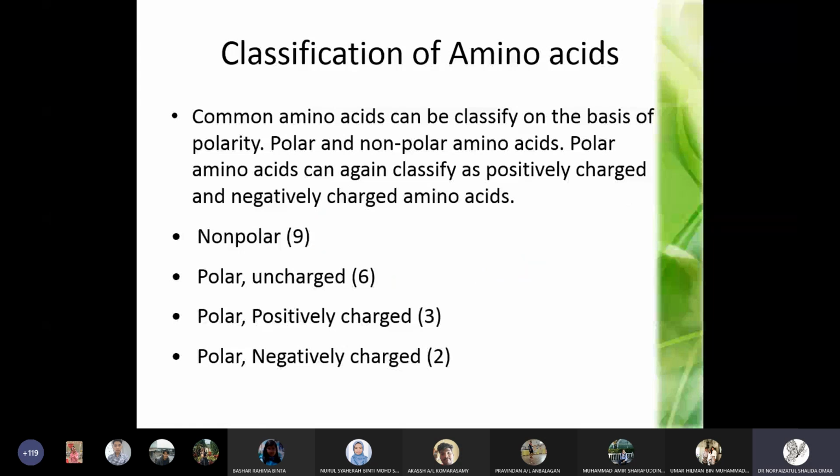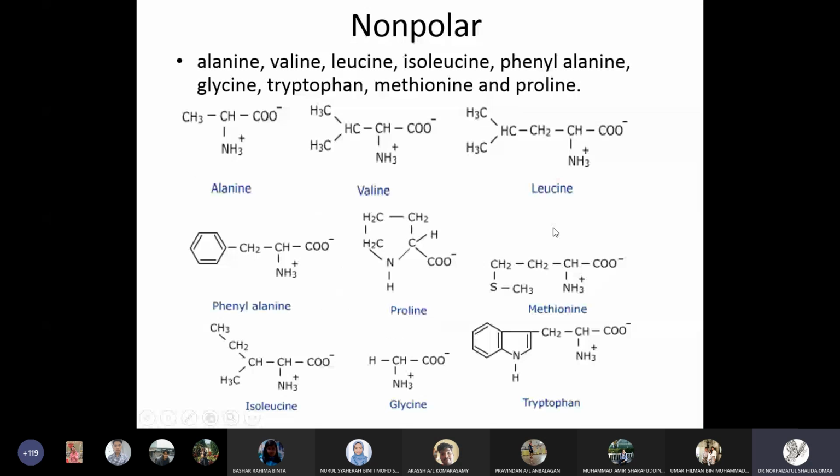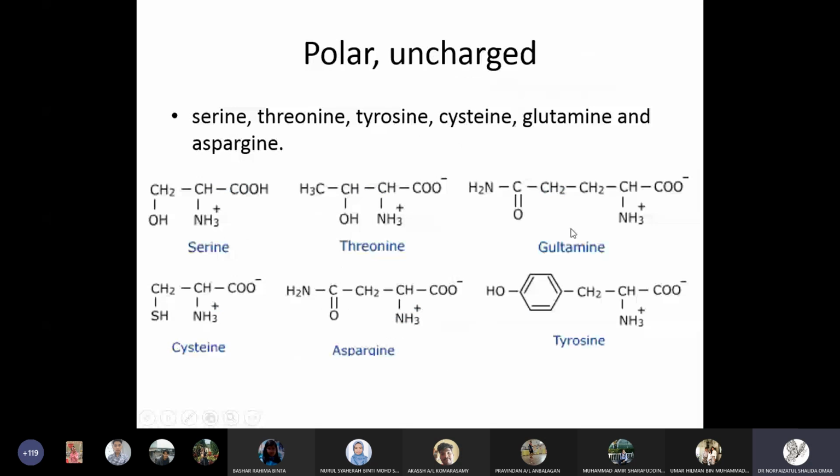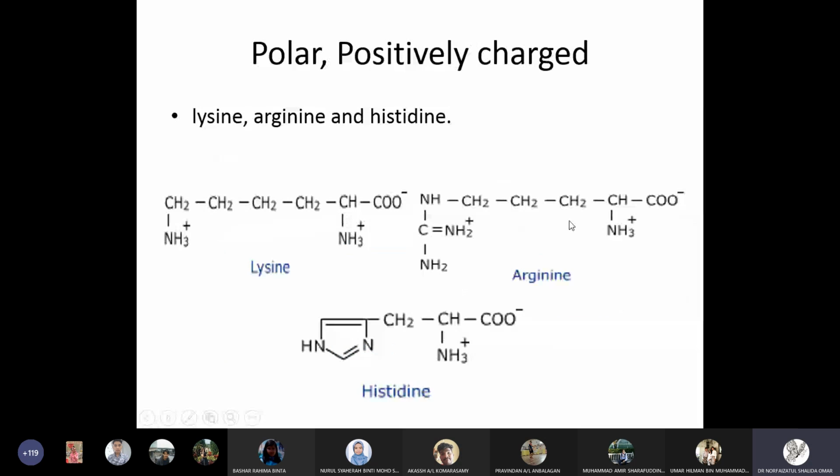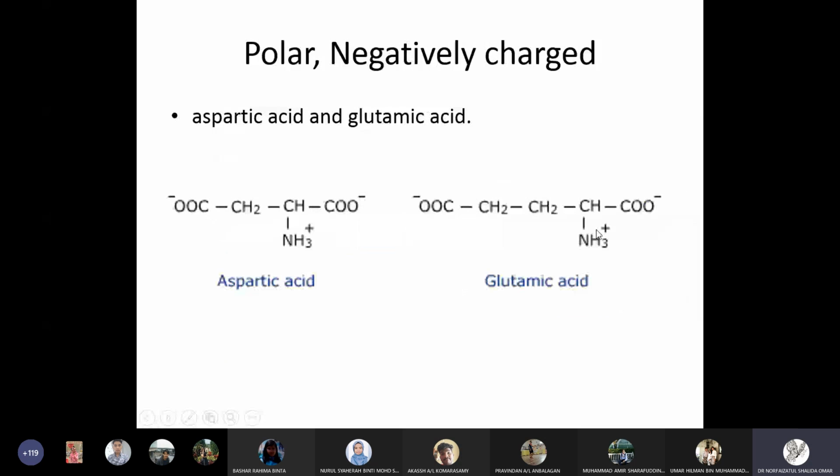So next is the classification of the amino acids. Amino acids can be classified based on the charges and the polarity. Okay, so this is non-polar, polar uncharged, polar positively charged, and polar negatively charged.